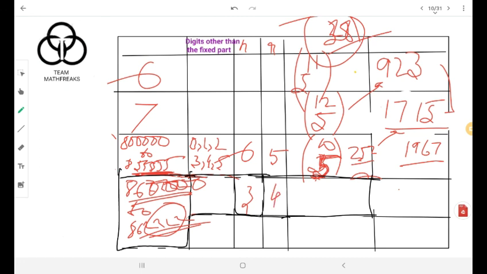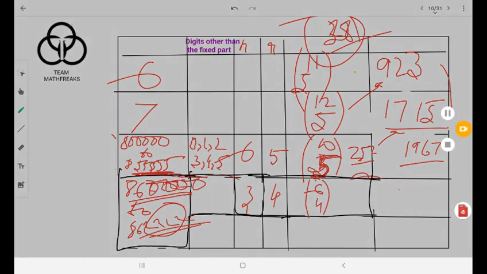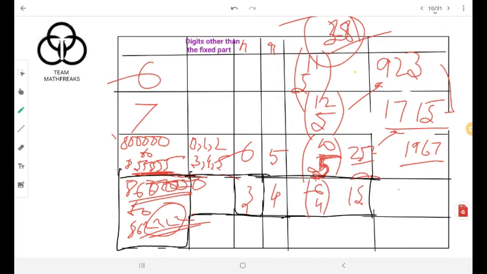Then 3 plus 4 minus 1, choose 4. We have to calculate the value of this. This comes to be 15.